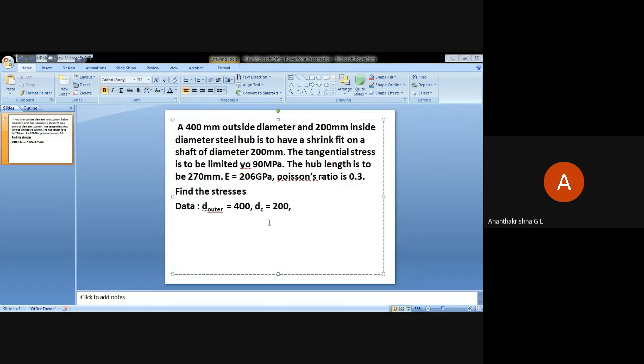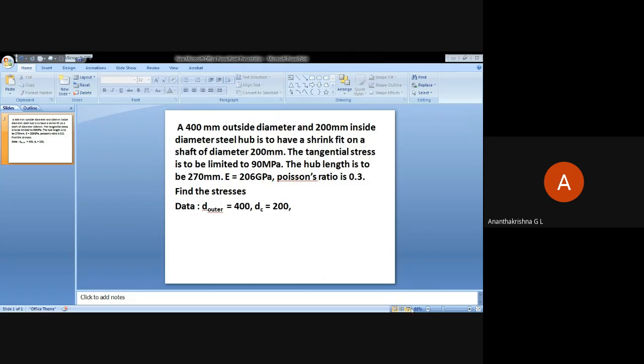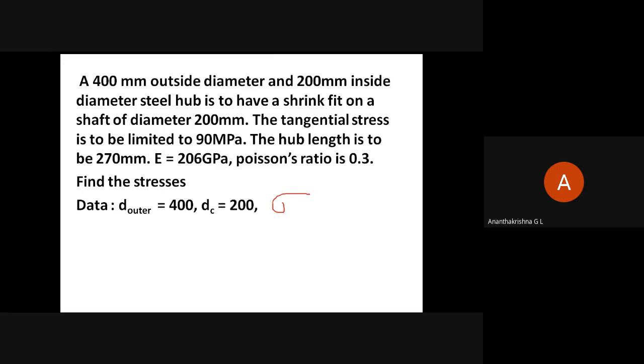Then what else is given is that the maximum tangential stress is to be limited to 90 megapascal. The maximum tangential stress is going to be at the inside diameter of the outer cylinder, that is, sigma tangential at the inside diameter of the outer cylinder is given by 90 megapascal.